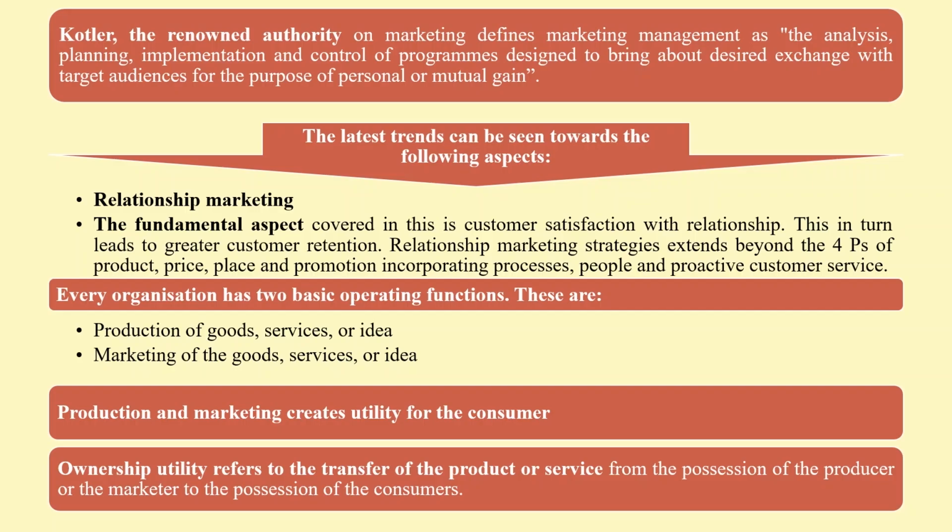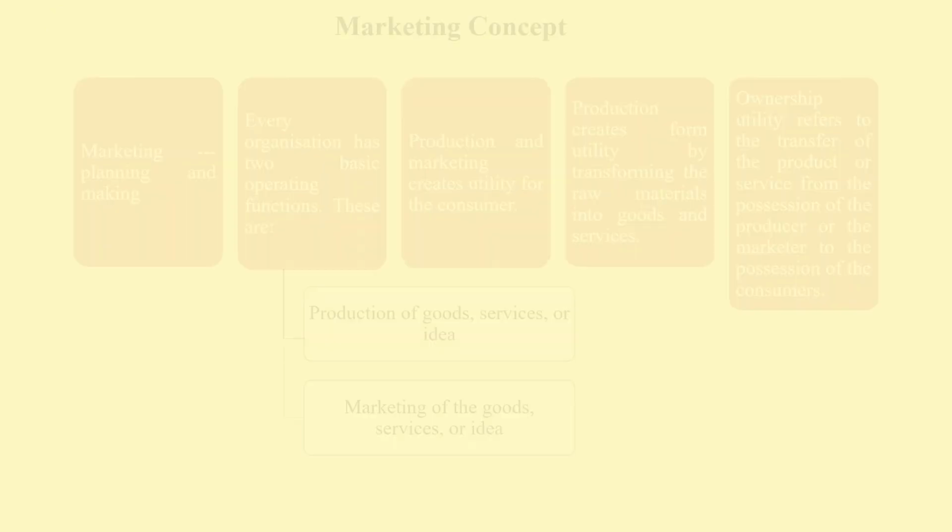The latest trends can be seen in the following aspect. Relationship marketing represents the reinforcing of traditional marketing with a greater emphasis on the creation of customer value. The fundamental aspect we should cover is customer satisfaction with the relationship, which in turn leads to greater customer retention.